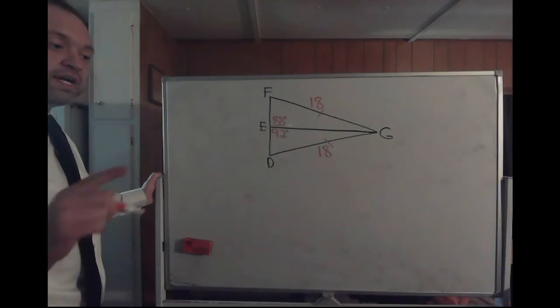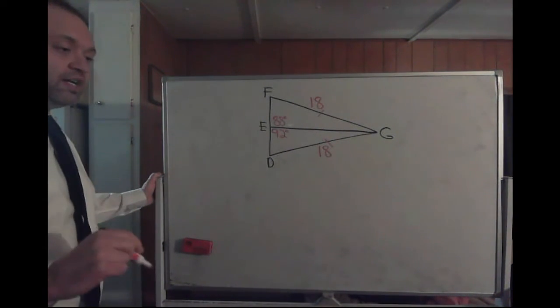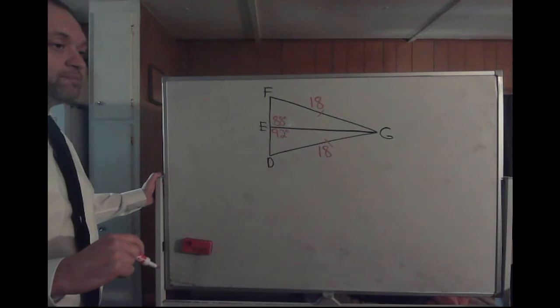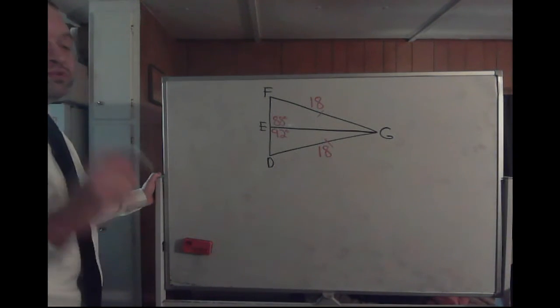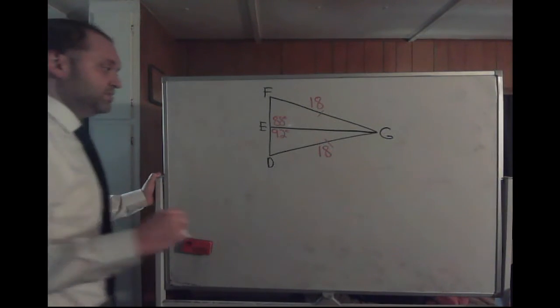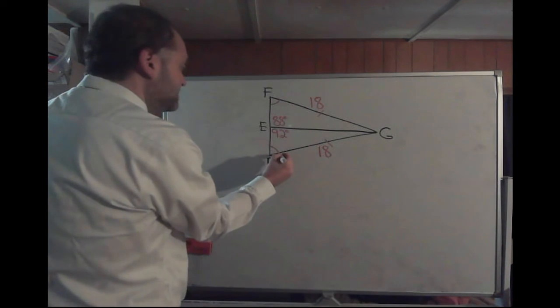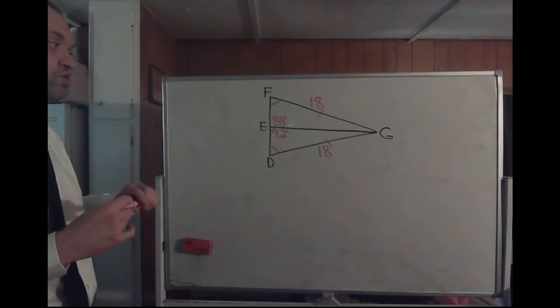Remember the good old isosceles triangle theorem. The isosceles triangle theorem states, of course, that if two sides of a triangle are congruent, then the angles opposite those sides are congruent. That means that angle F has to be congruent to angle D by the isosceles triangle theorem.